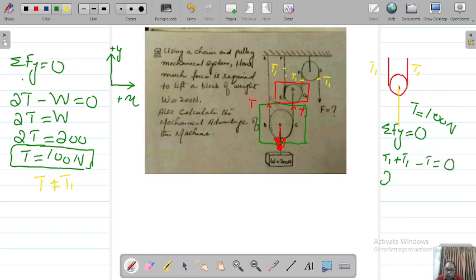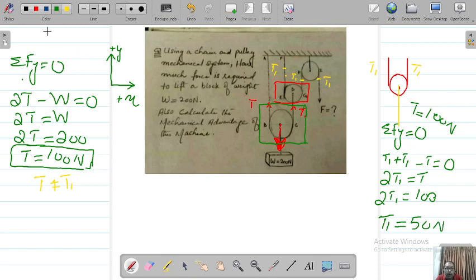So 2 times T1 is equal to T. How much was T that we calculated? 100. So from here your T1 comes out to be equal to 50 Newton.